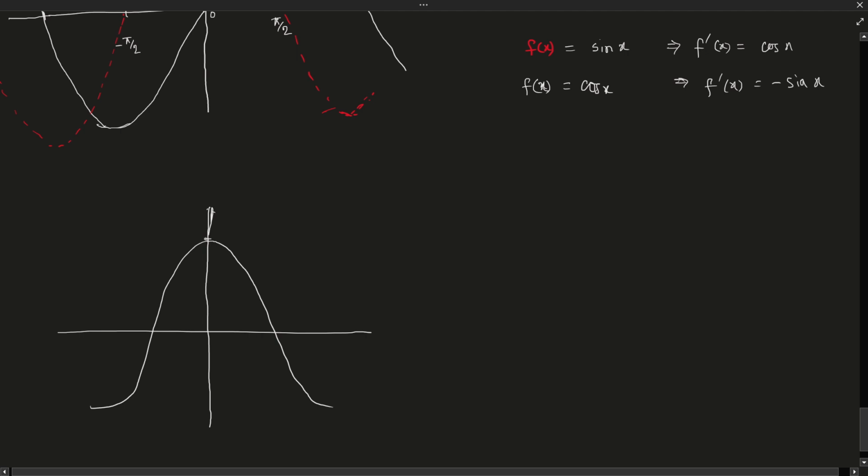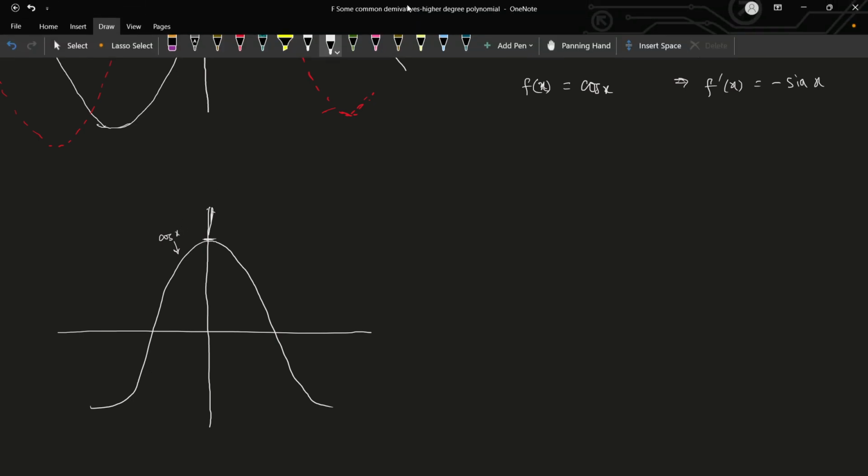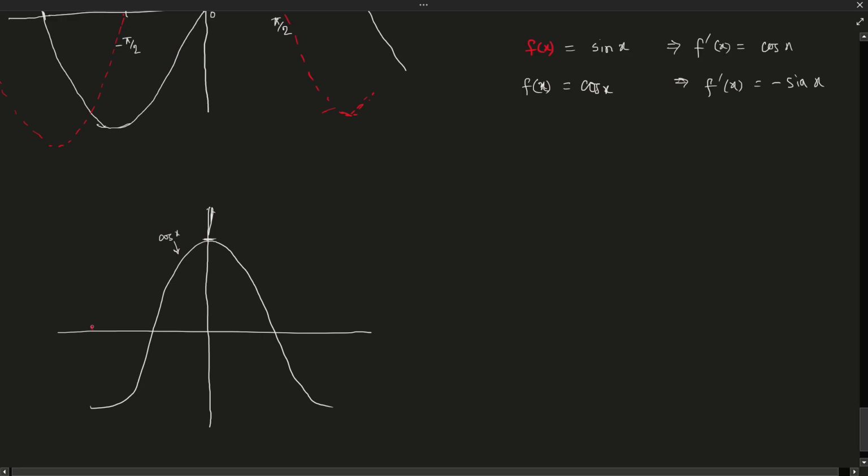And if we overdraw the sine on top of it like this, it goes through 0. Pardon my drawing, it will go something like this: sin x.